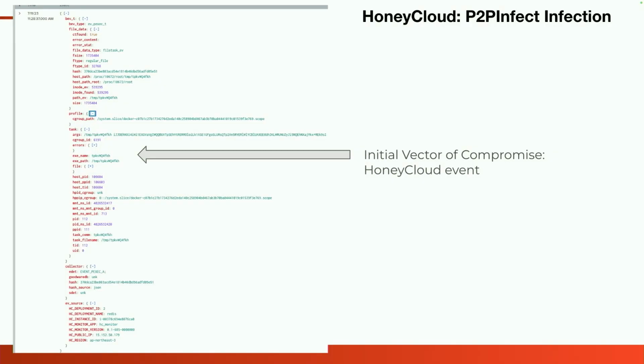This is how the events look inside a honeypot. As we mentioned before, the honeypot has a custom agent, and that custom agent captures all the information about the behavior in the machine. One very nice feature of that custom model that we created is that it captures the sample automatically.